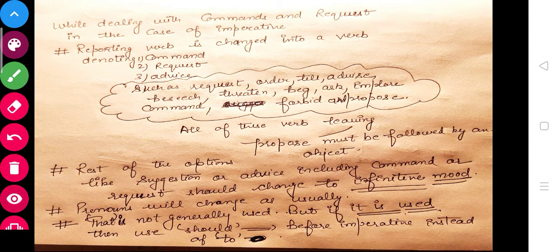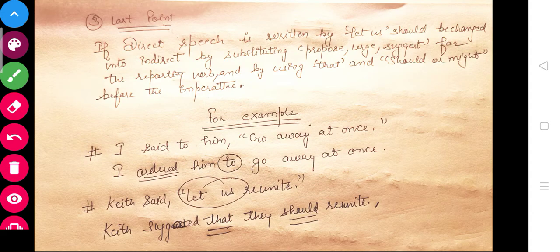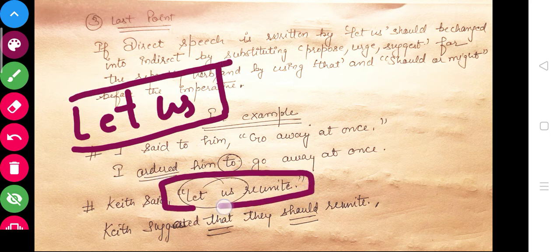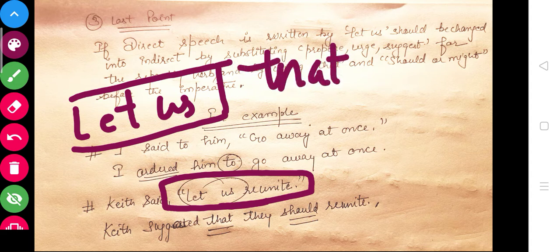But there is an option, let me see whether I have given that in the next slide. Yeah, I have given that in the next slide. If the direct speech contains let us as a combination, for example, let us reunite, then instead of turning it into the infinitive mode, what we're going to do is use that with the suggestion.